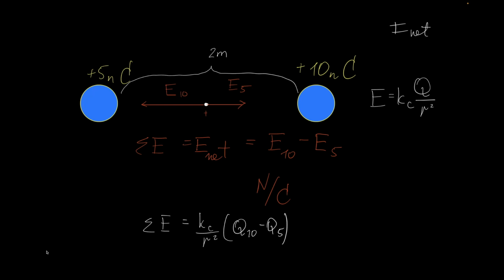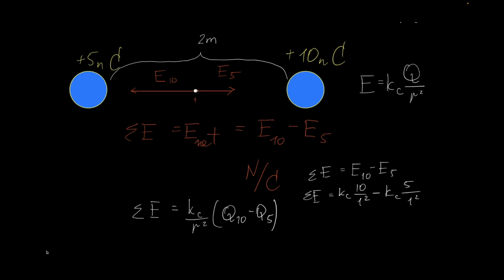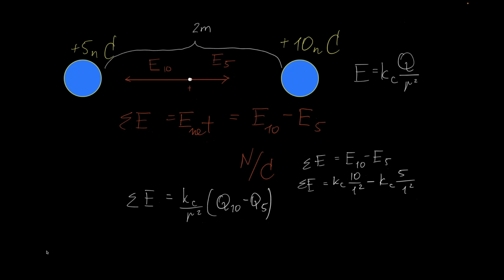If this is skipping too many steps, let's do it step by step. E net is E of 10 minus E of 5, which is Kc times 10 over 1 squared minus Kc times 5 over 1 squared. Notice how I'm not putting 10 to the 9th because I have not unveiled the Kc.